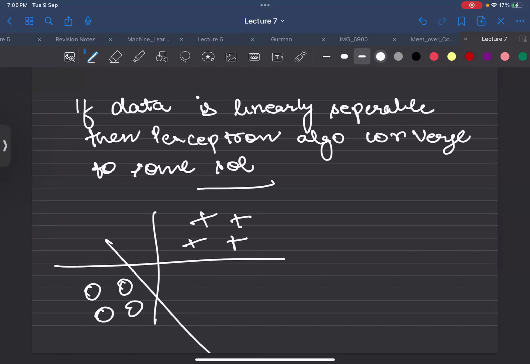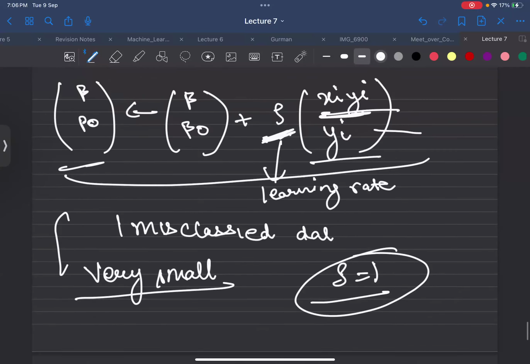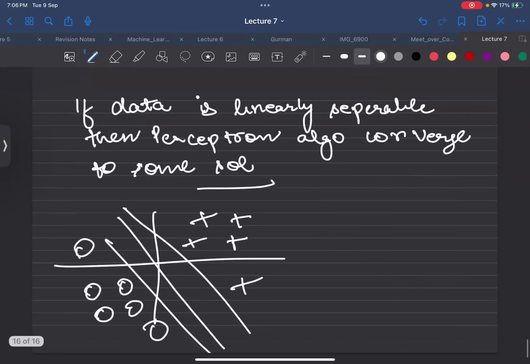I can have a line here, a line here, a line here. These are all hyperplanes, and all classify correctly. It depends on the starting point from where I'm starting and how I'm updating it, because the starting point I take randomly.